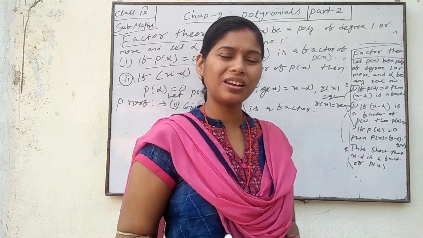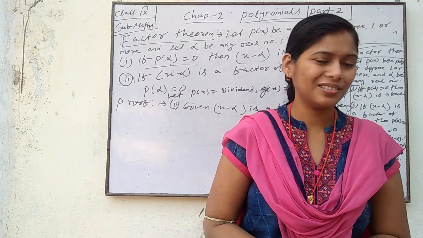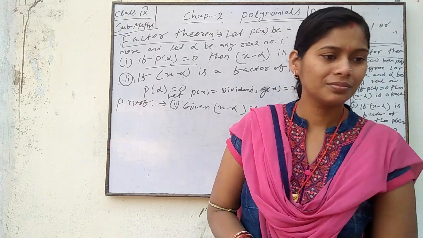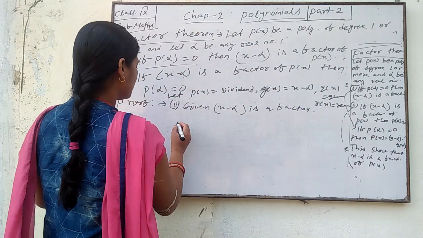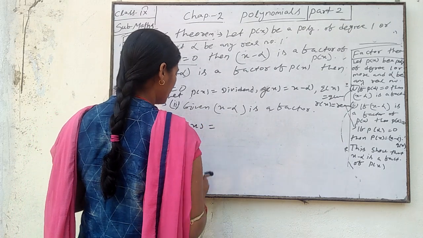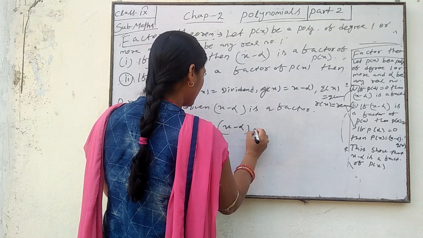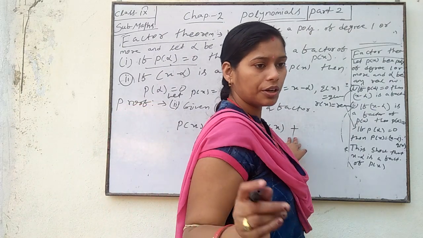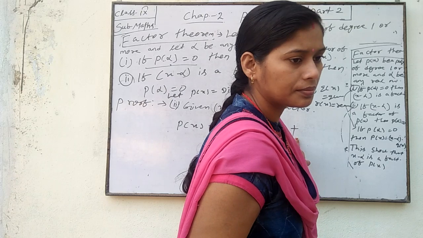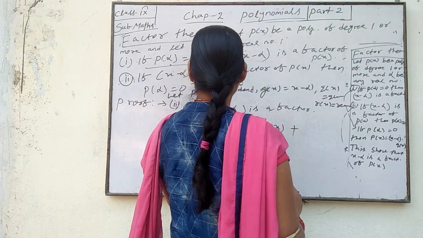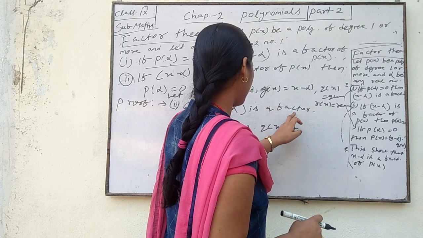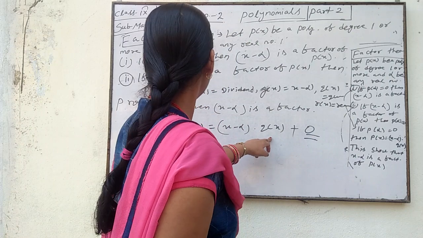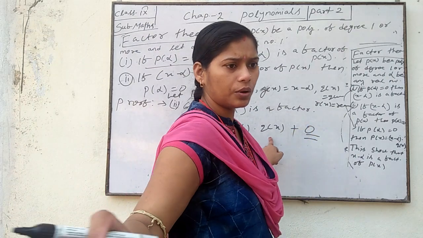If this is given, it means the remainder is 0, and this is the proof. So p of x is equal to x minus alpha into q of x plus the remainder. Given x minus alpha is a factor, your remainder is 0.